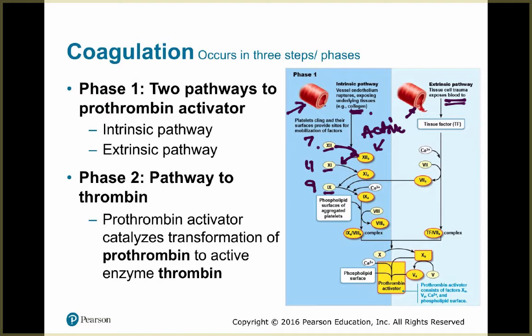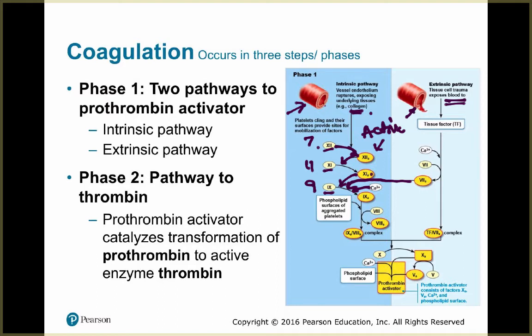That is going to be what comes down and activates 11 into active 11. And then for 9, it can come in along with other activated factors to make active 9. And then you see as they go through what we're doing to make the fibrin.